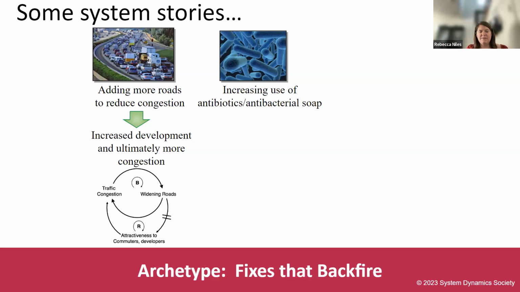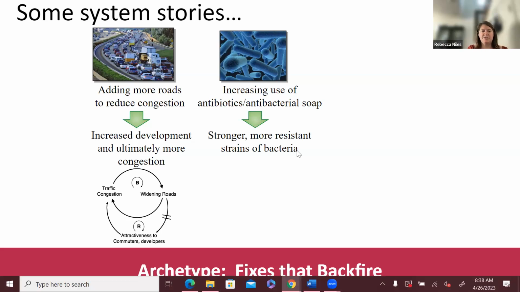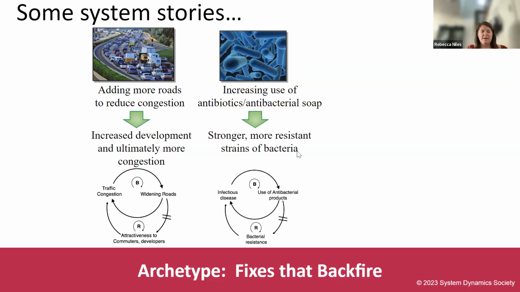One of the major things we see, as was said earlier, is that increasing the use of antibiotics and antibacterial soap leaves the stronger, more resistant strains of bacteria and allows them to thrive. We can capture that in a causal map here.